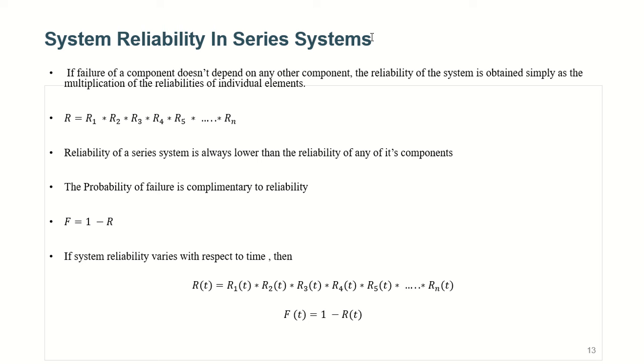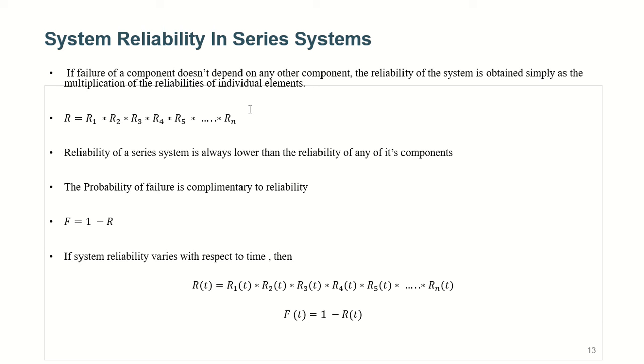Let's say R1, R2, R3, R4, R5 up to Rn are different elements connected in series, just like the example of the bike which we took. Let's say R1 is my engine, R2 is my chain, R3 is a driver, R4 is a rear wheel, R5 is the front wheel, and so on up to Rn.